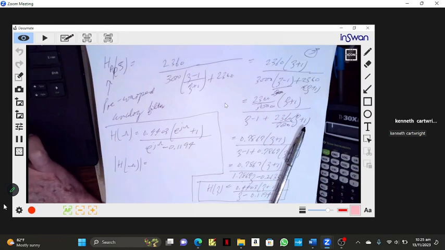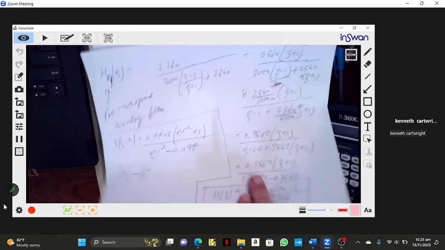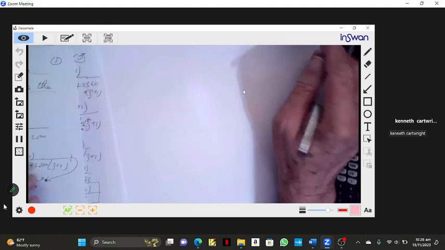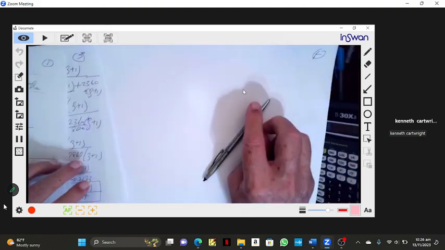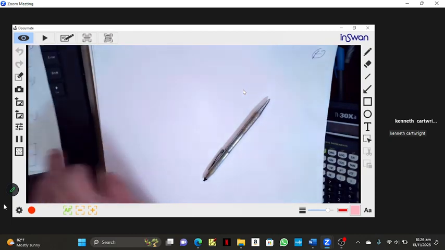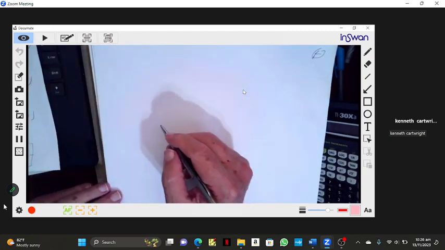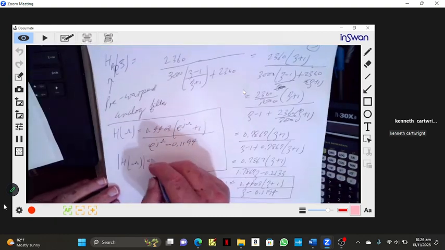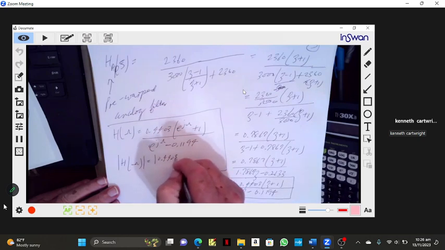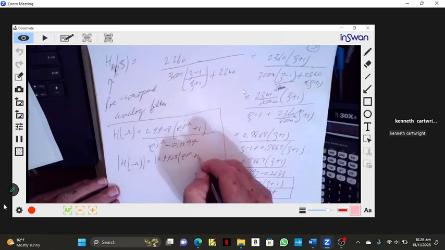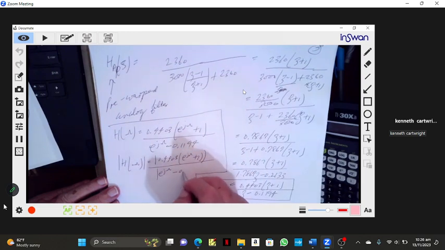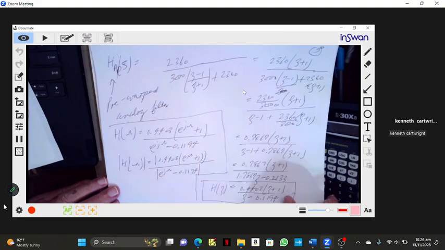Okay, I'm going to another slide. So we want the magnitude of the top over the magnitude of the bottom. Okay.